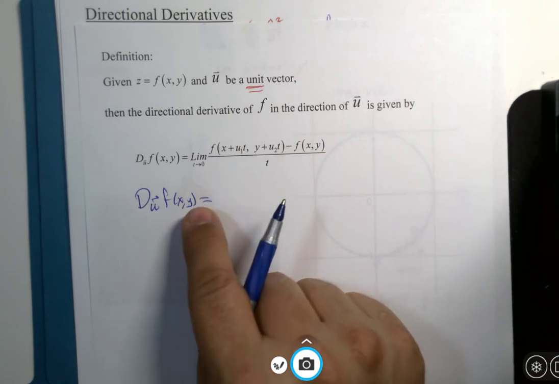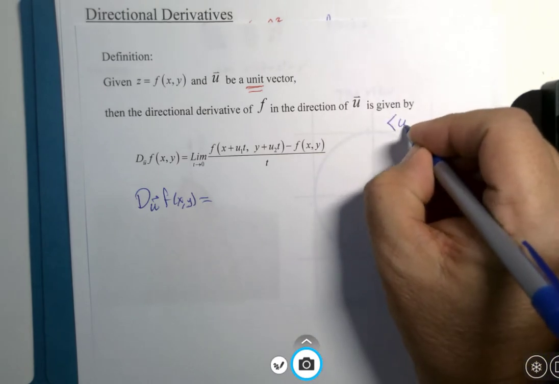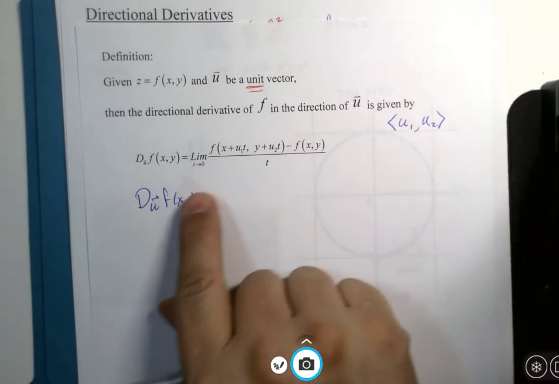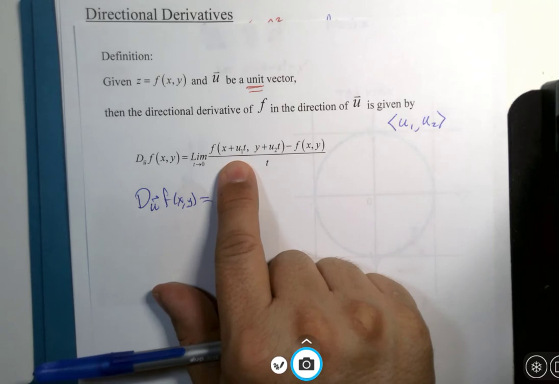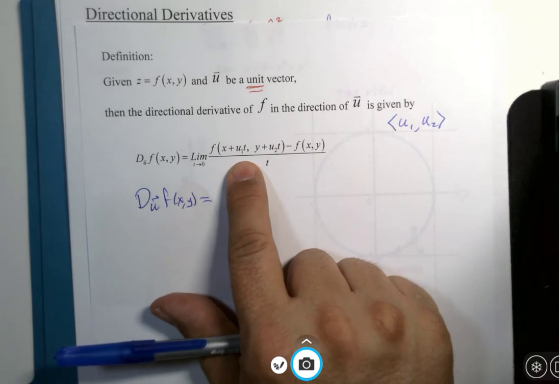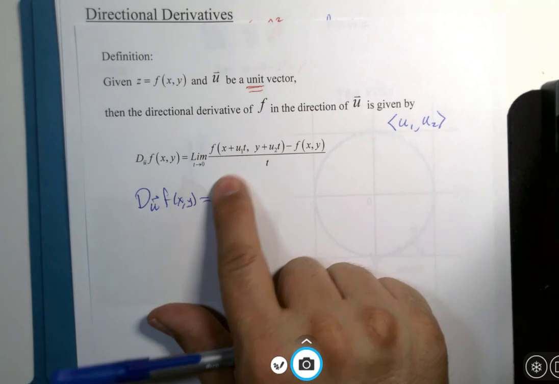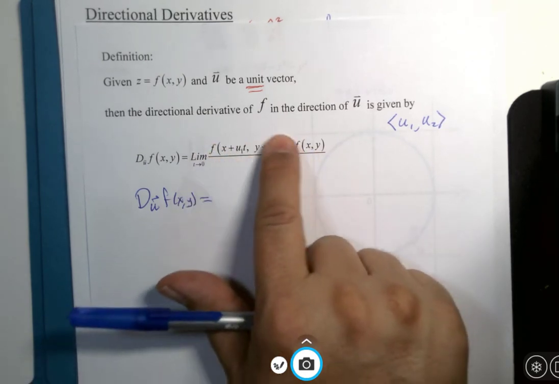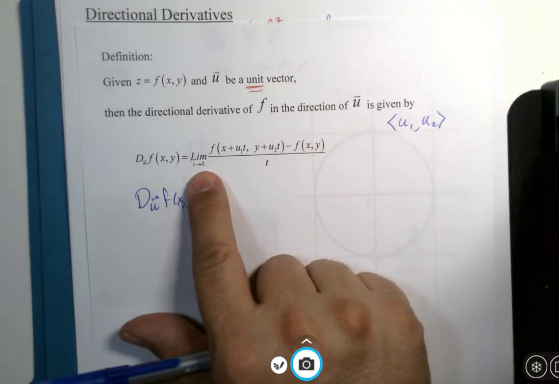I see derivative in there, but so if we have a unit vector that has two components, the concept is here then that we have the x and y are going to get changed in small increments, and this value of t approaches 0 is showing you, let's make those increments get smaller and smaller, and let's let the run get smaller and smaller. So the z is changing, f of xy, and the run is changing, both getting smaller.